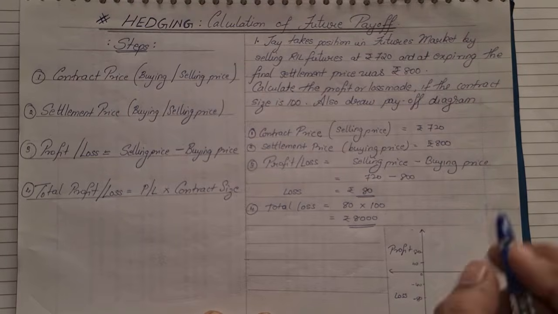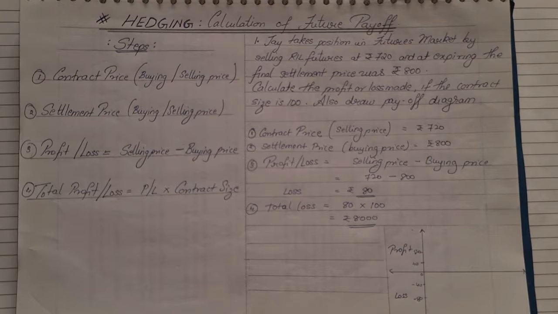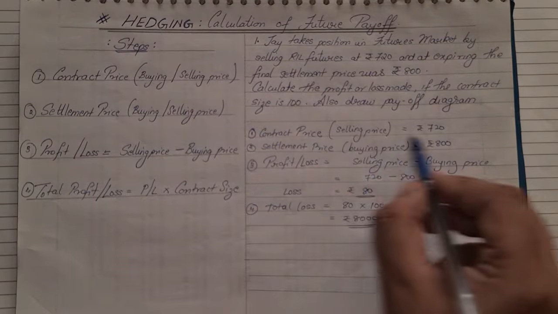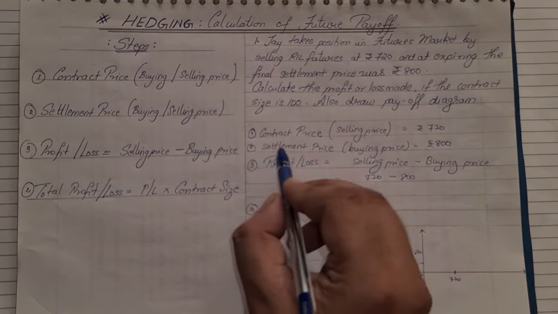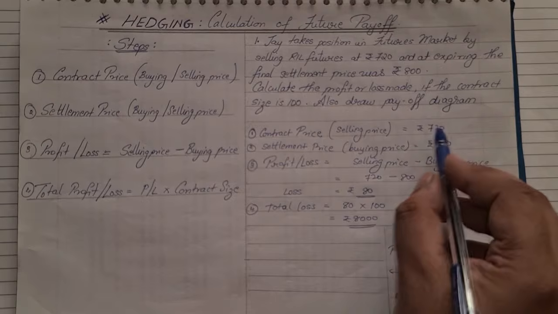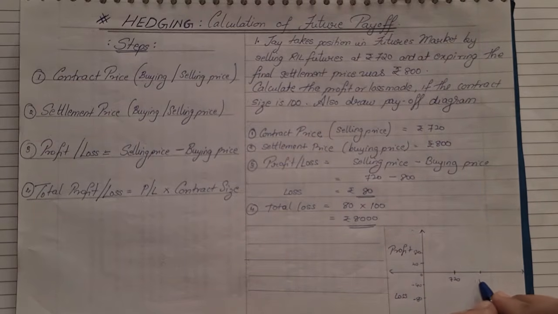Now see, it is very simple to draw the payoff diagram for future payoff. Whatever your contract price is, mark it out. So let's say this is my contract price of 720. After that, check your settlement price. It is more than 720, so I'll mark it out somewhere here, 800. On the date of settlement, we had a loss of 80, so I'm marking it out.